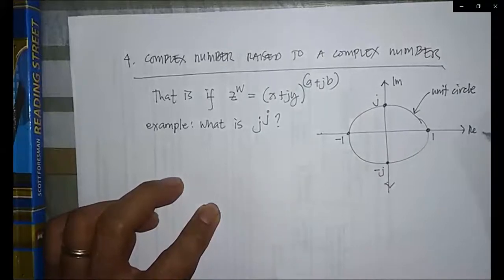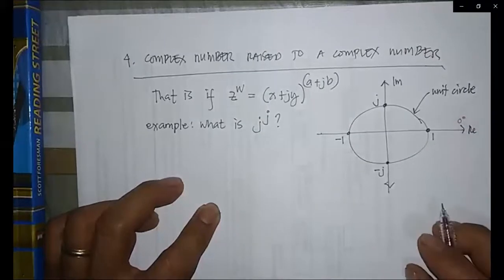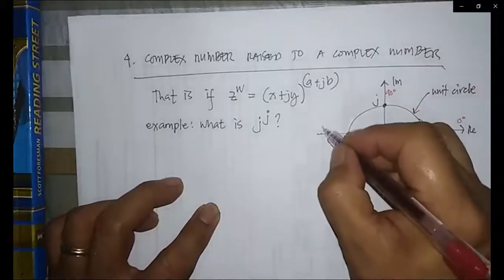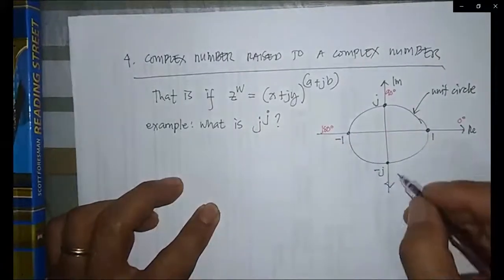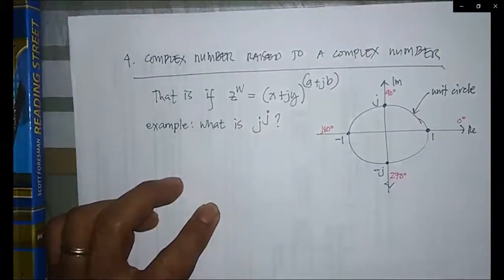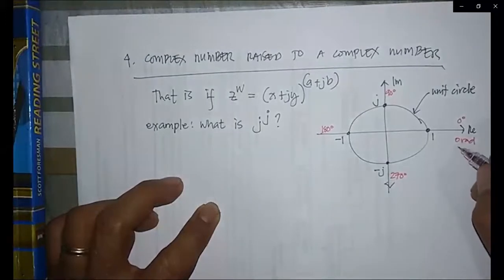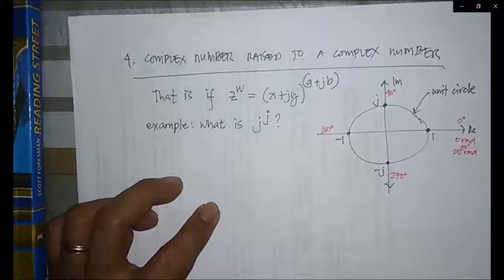Now, if we represent this by the angle in degrees, that will be your angle 0 degrees. This will be the angle 90 degrees. Also, this will be 180 and 270 degrees. In terms of radian, 0 degrees can be 0 radian, or take note, this is 360 degrees, 1 revolution, that is also equivalent to 2 pi radian.